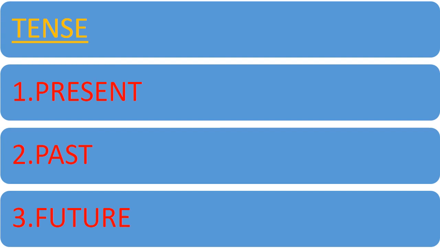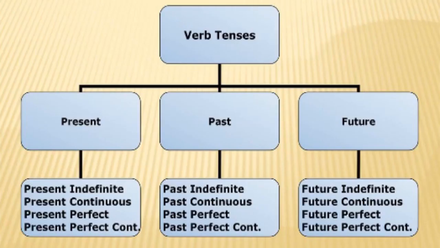So we started present tense and we have already done present indefinite and present continuous tense. So the same is given here. The tenses are divided into three parts: present, past and future. Further, they are divided into sub-parts. These are indefinite, continuous, perfect and perfect continuous. So let us begin with present perfect tense.